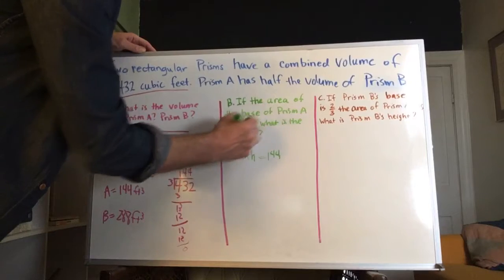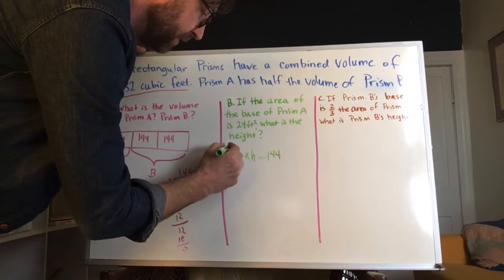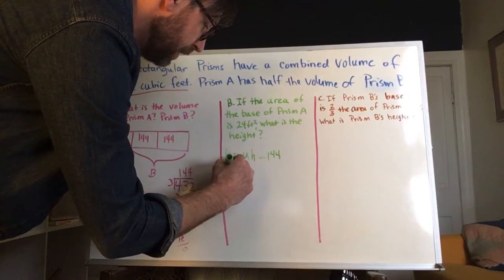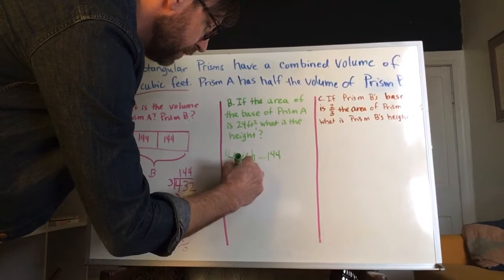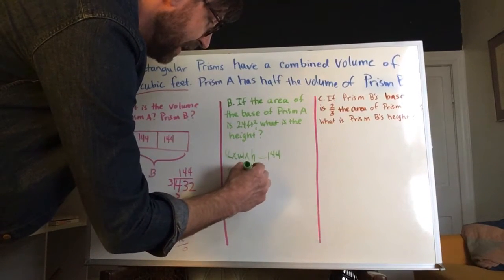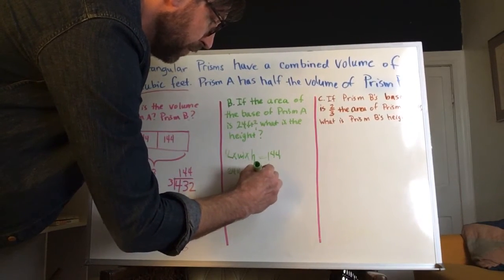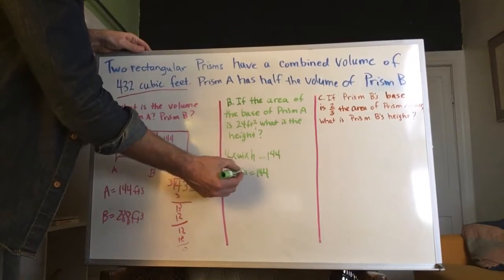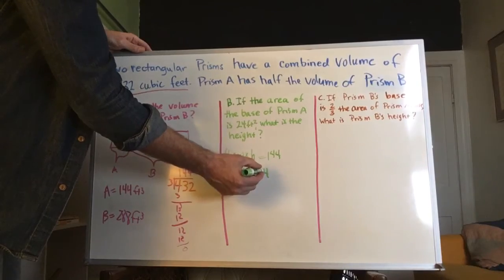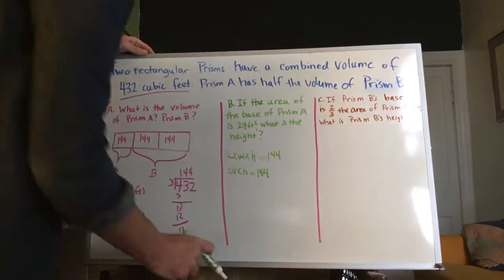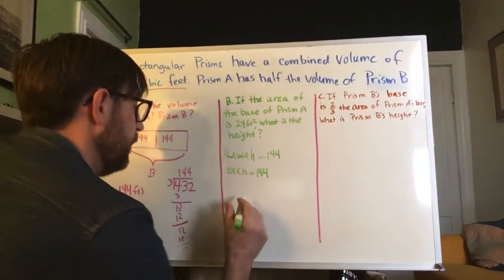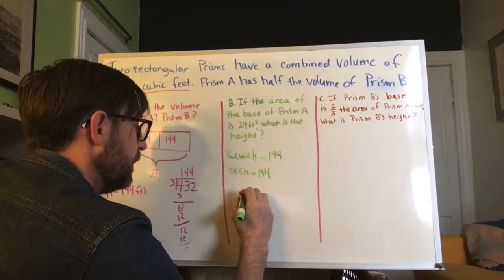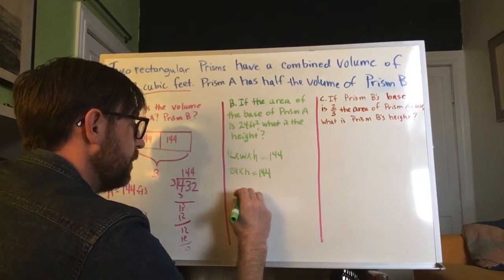Well, if we know the area of part of this, then we know that length times width part is already done. So now we're saying 24 times the height equals 144. So 24 times blank is 144. Well, if we want to know what that is, we just divide 144 by 24.